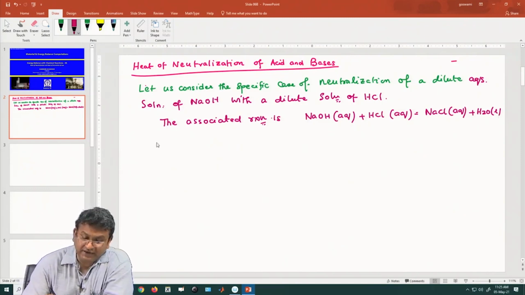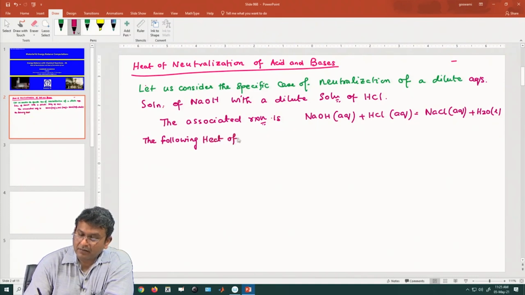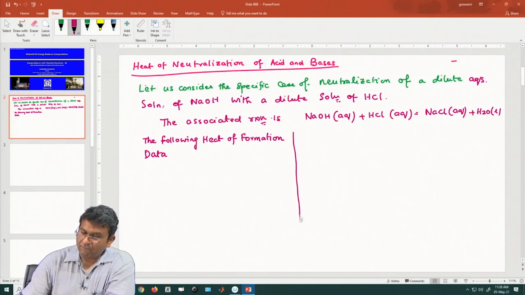Now, there is some additional data. Let me provide you with some additional data. We know the following heat of formation data are given.